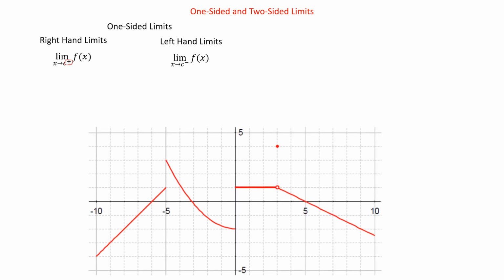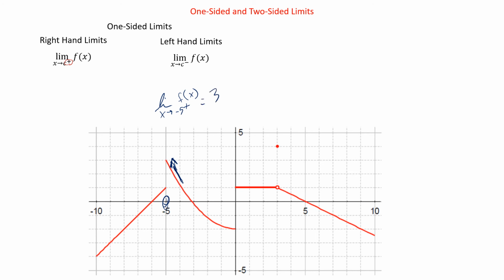Well, if we're looking at something like this graph here, the right-handed limit as x goes to negative 5 from the right of f of x. So negative 5 is here. Coming from the right, we're coming from this side. Where is it going?